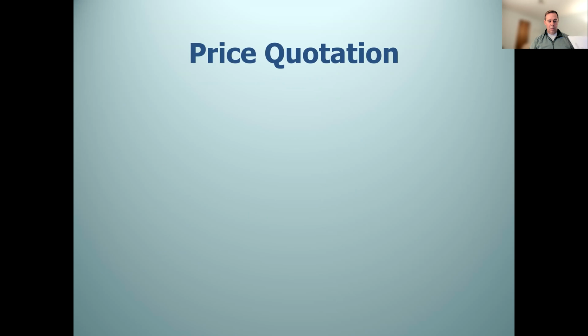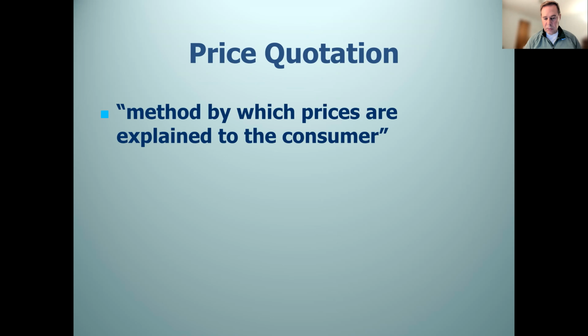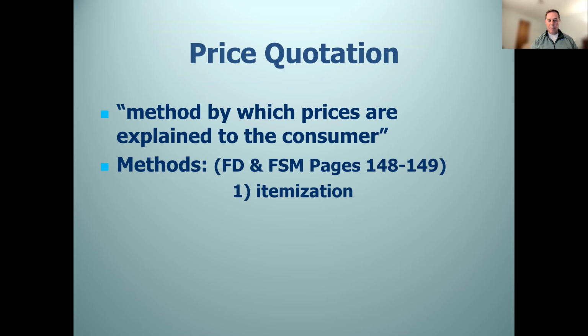So we'll move on now to price quotation, which is, of course, the method by which prices are explained to the consumer. And we generally do that with the itemization general price list, and then eventually with the statement of funeral goods and services selected that's given to the consumer.